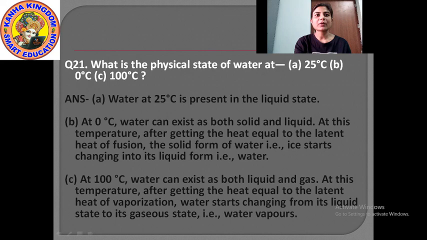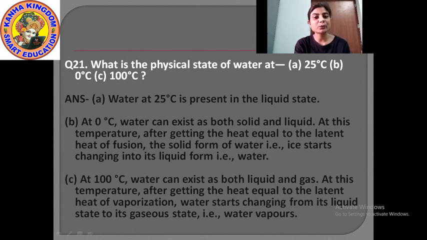So students, our next question is, what is the physical state of water at A, 25 degrees Celsius, B, 0 degrees Celsius and C, 100 degrees Celsius. That means you have to say the physical state of water, in which state it is. Okay. Answer is, water at 25 degrees Celsius is present in the liquid state.